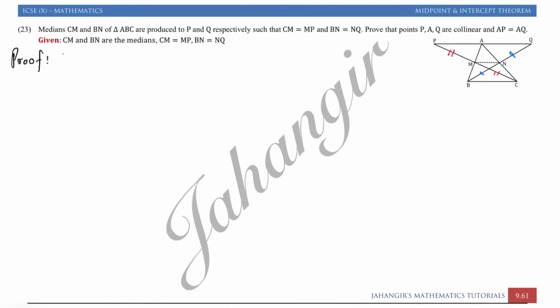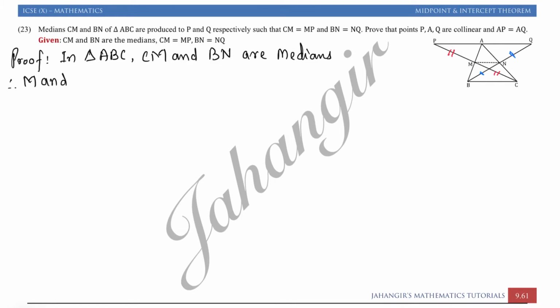In the proof we can write, in triangle ABC, CM and BN are medians. So therefore M and N are midpoints of AB and AC respectively.